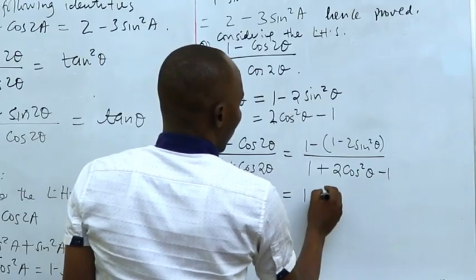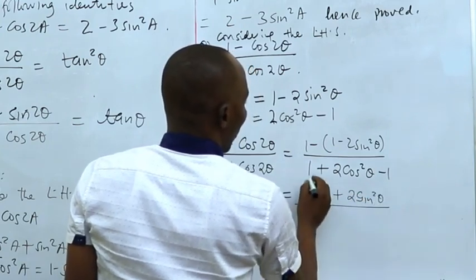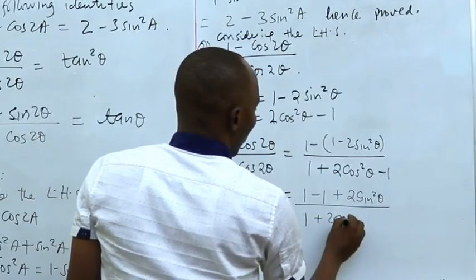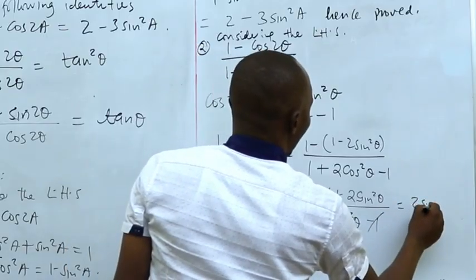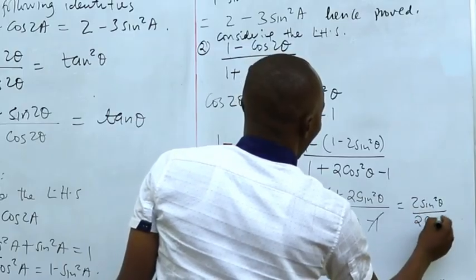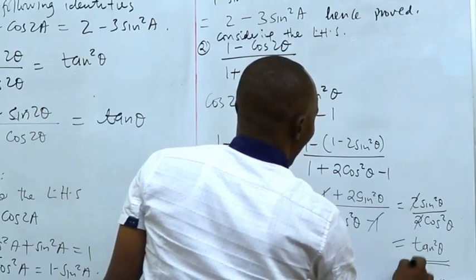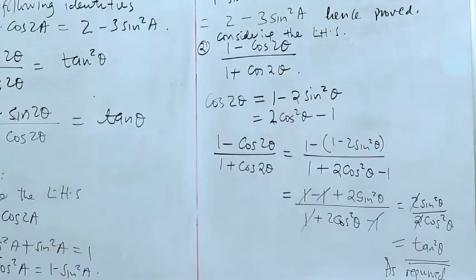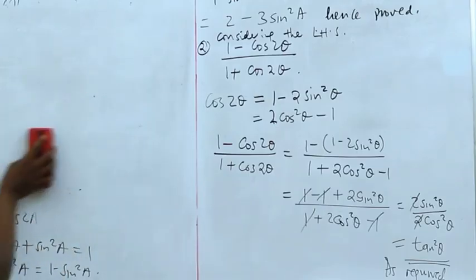So this is 1 minus 1, opening brackets, plus 2 sine squared theta, over 2 cos squared theta. The 1s cancel. I have 2 sine squared theta over 2 cos squared theta. The 2s go away, and when you divide, you have tan squared theta. Then you say as required. All that I'm doing is applying the double angle formulas.